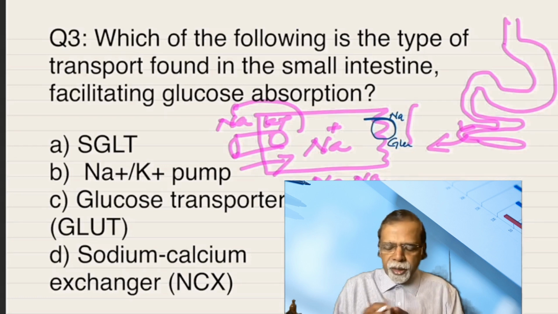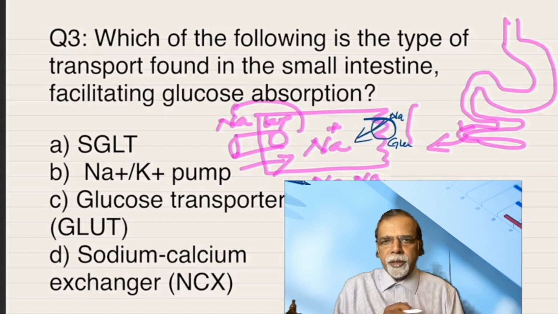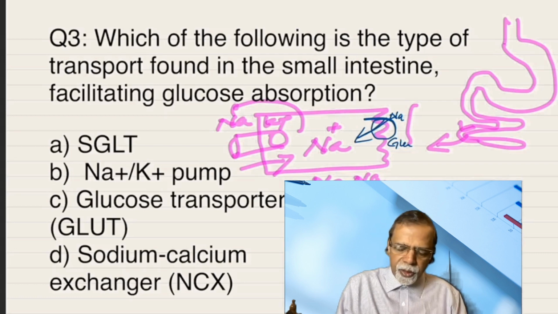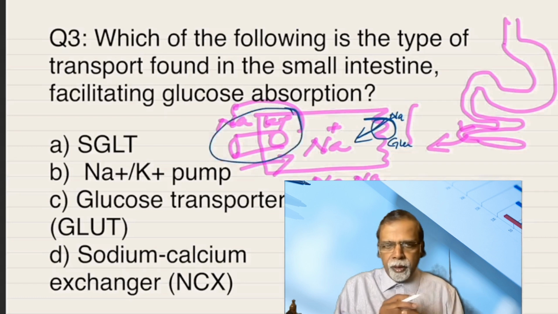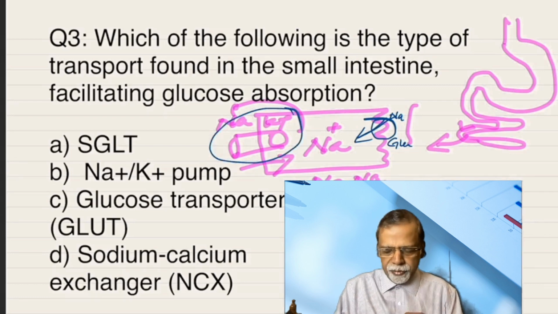When sodium and glucose get attached to this carrier, sodium will move inside on its concentration gradient because inside, sodium is less. And how is this gradient maintained? It is because of the sodium-potassium pump. So energy is required, but in an indirect way.